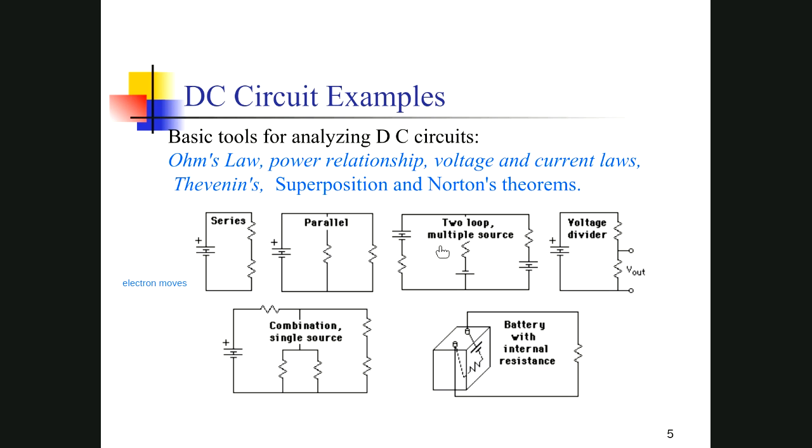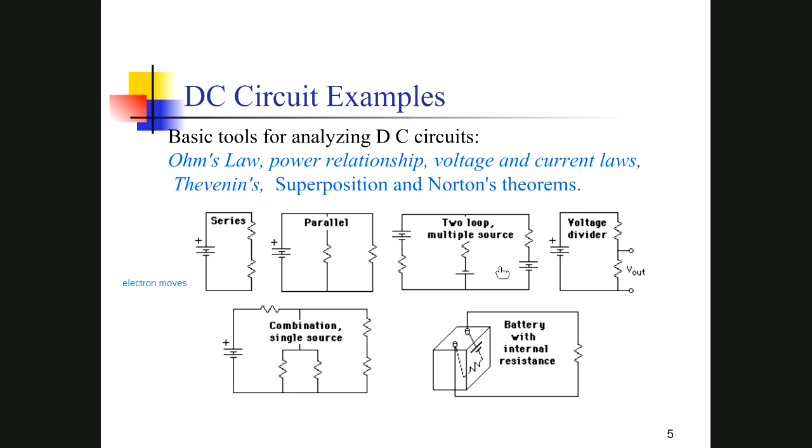So one loop, two loop, three loop. The currents in this loop, here, and here are different. What's the relationship between them?